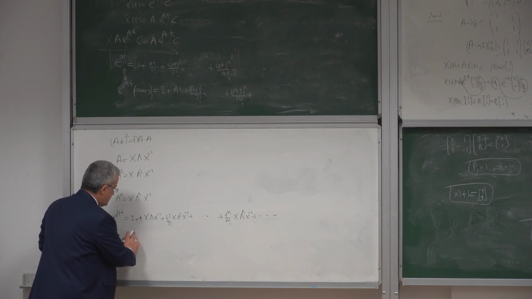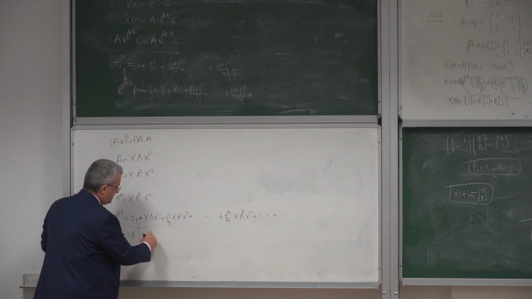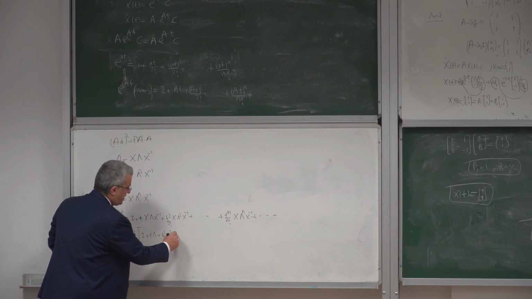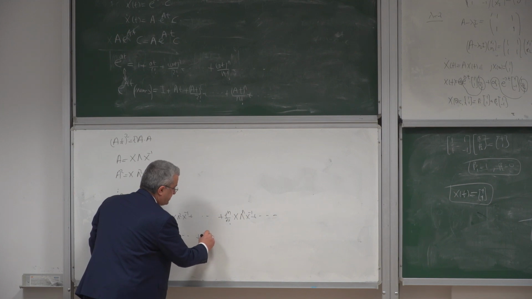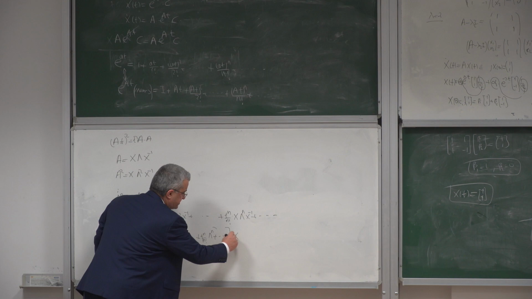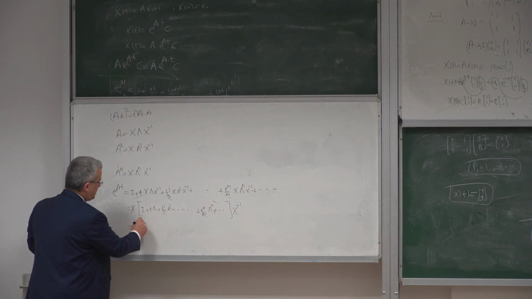So this is X, parenthesis, identity plus T lambda plus T squared over 2 factorial lambda squared, T to the power n over n factorial lambda to the power n, plus X inverse. So when you look at this lambda, since it is diagonal, what do you have there?